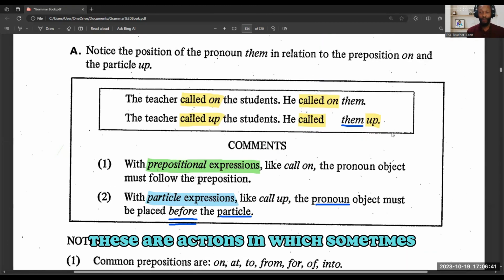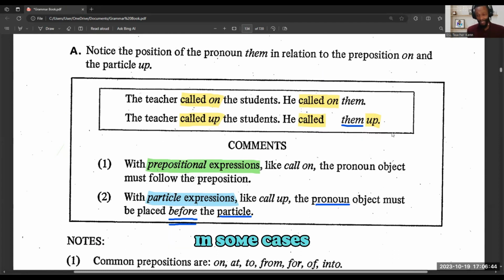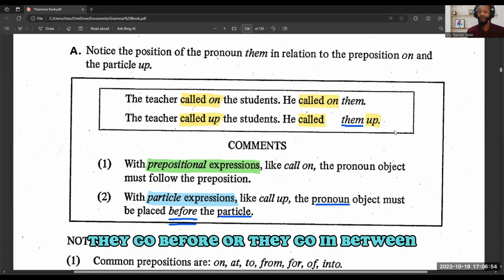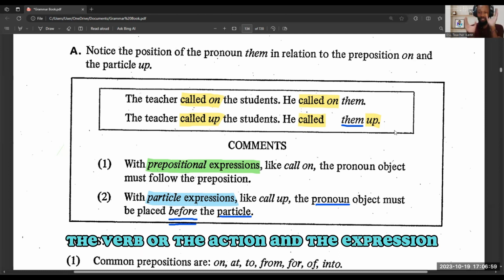We are starting lesson 12, and we will look at actions like call on and call up. These are actions in which sometimes the pronoun, him, her, them, you, those, goes in between the verb or the action and the expression.